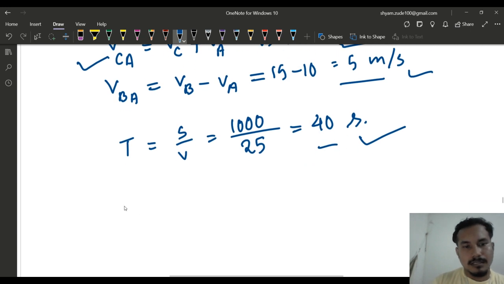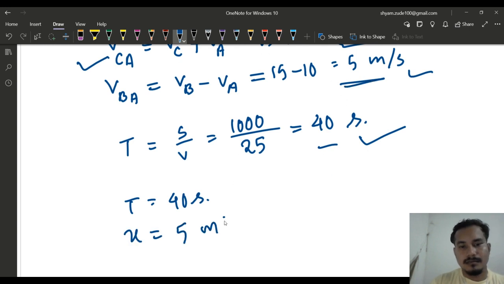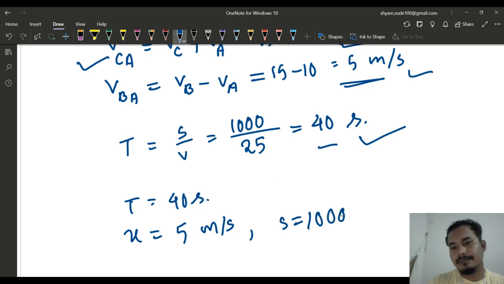So in this case time is equal to 40 seconds, and the initial relative velocity of B is already 5. Distance s is equal to 1000 meter.